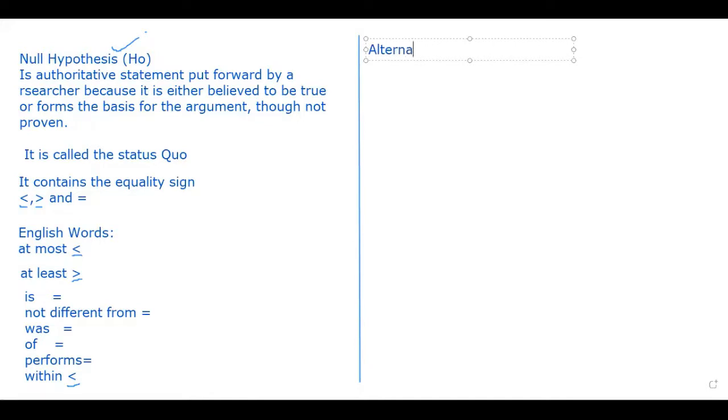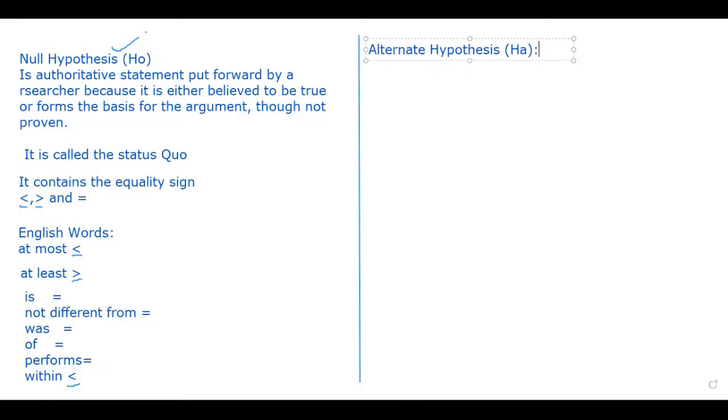So the alternate hypothesis, that one is represented by HA. And we are saying it is the opposite of what?